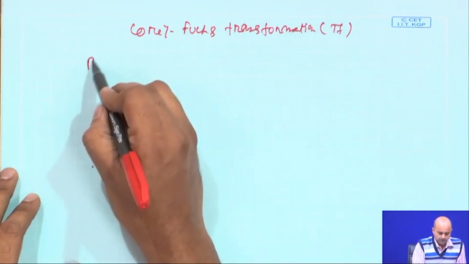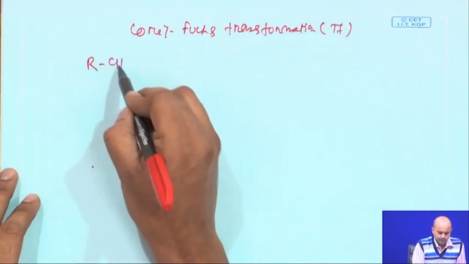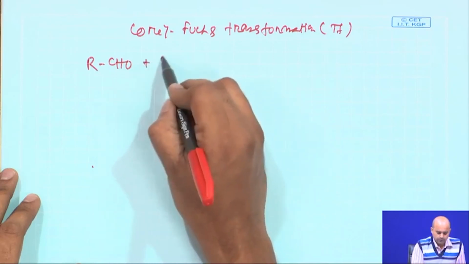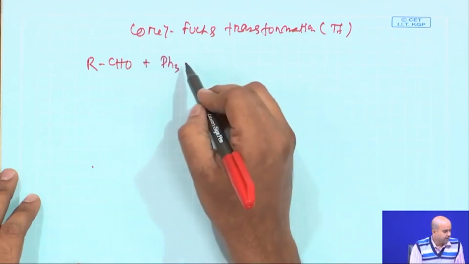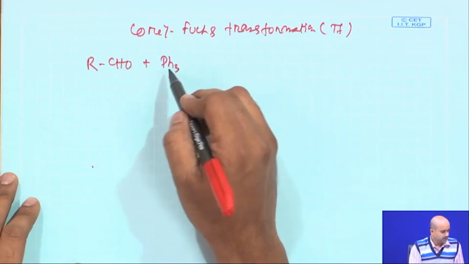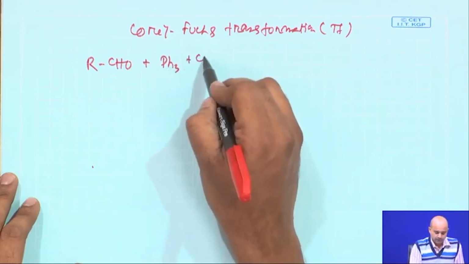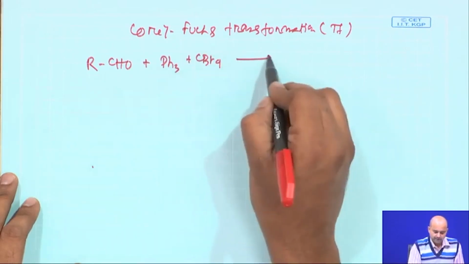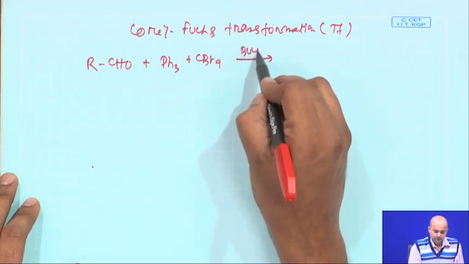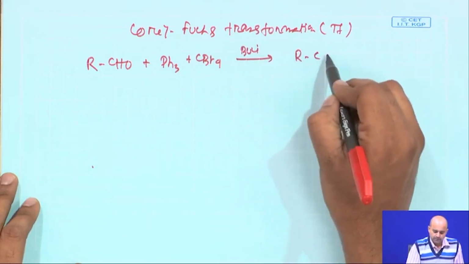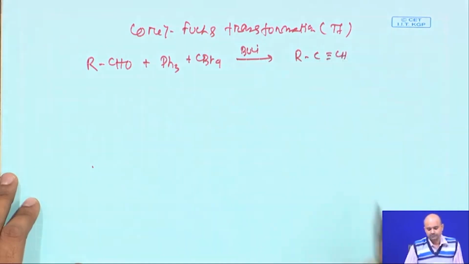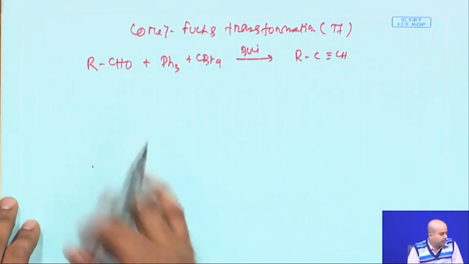The synthetic steps you can think about for this Corey-Fuchs transformation: you react the aldehyde with triphenyl phosphine and CBr4, and then react with butyl lithium, and we basically end up with this alkyne. So, that is the transformation we will be talking about now.